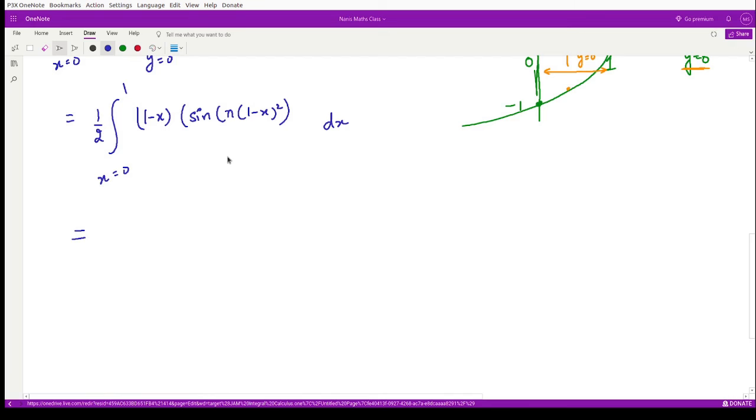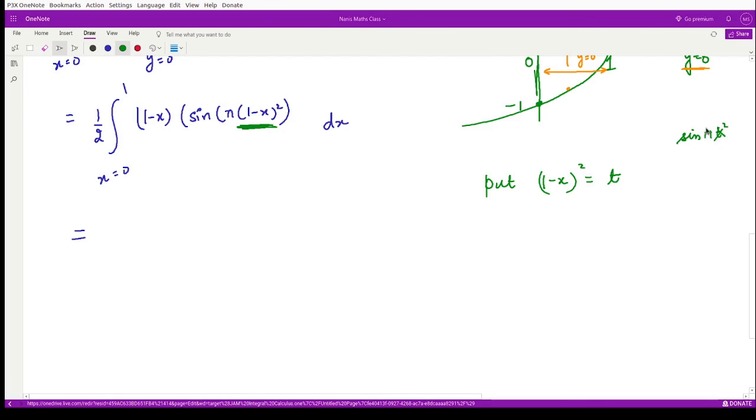It would be easily obtained if you substitute 1 minus x whole square as equal to some other variable, because this thing here was creating problem. As such, we directly know the integration of sine of pi t, or x.